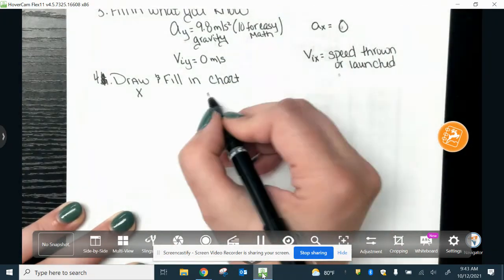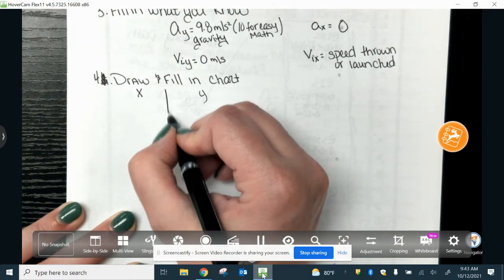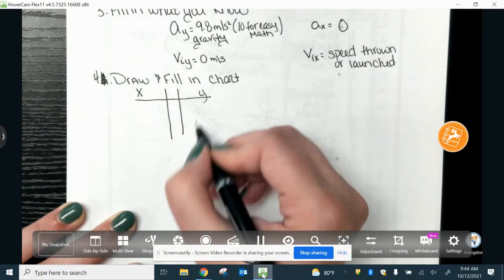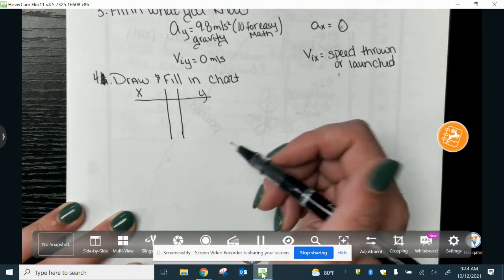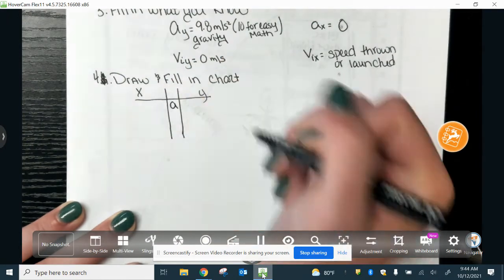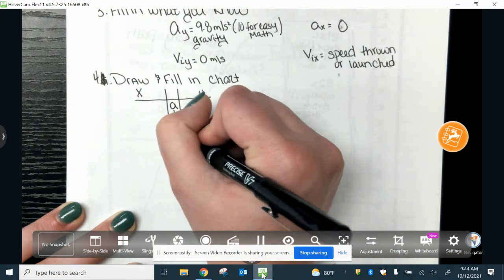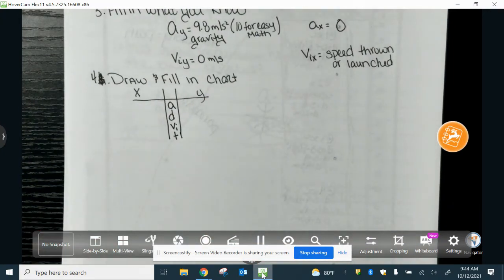My X, my Y, and I'm going to put a column between them. All right, we have acceleration, distance, initial velocity, and time. Those are going to be the main things that you're solving for. You could solve for final velocity as well, but these are going to be the main things you solve for.